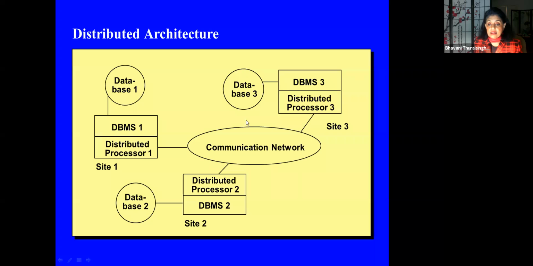And these database systems are connected through a communication network. And there is some module that connects all these database systems, and we call that module the distributed processor. So there's a distributed processor 1 at site 1, distributed processor 2 at site 2, distributed processor 3 at site 3.